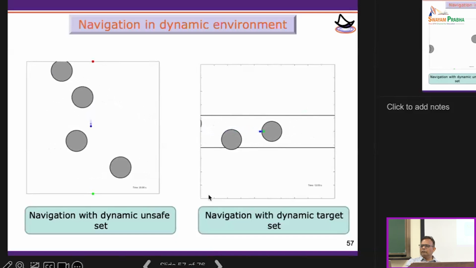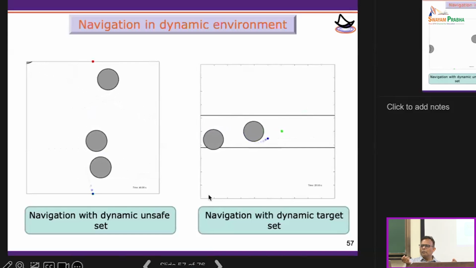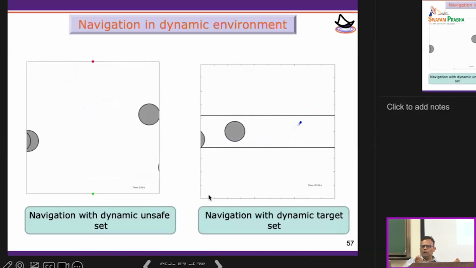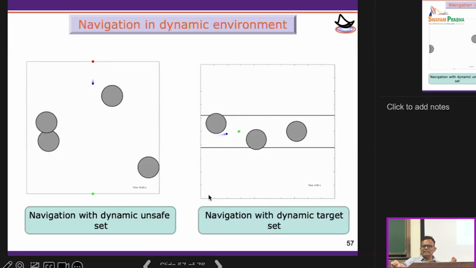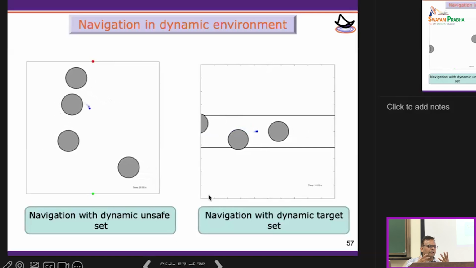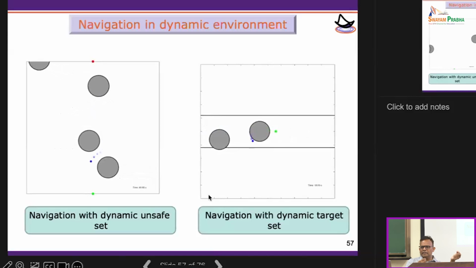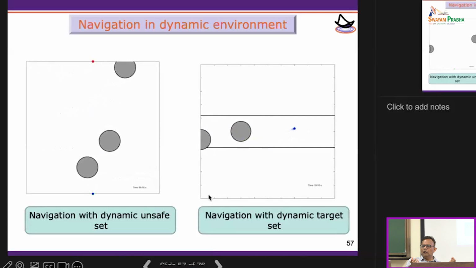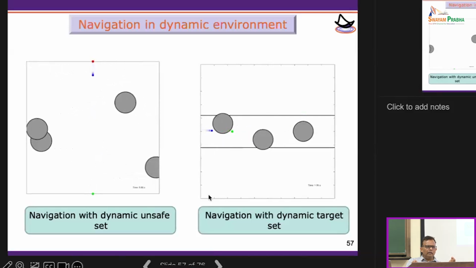So you have four vehicles at the four corners of the square, and they want to go to the diagonally opposite end. Can they do it without having global information, right? That's exactly the scenario where each robot will treat itself as the robot, the final destination will be the target, and all the other n minus one robots could be the dynamic obstacles for the particular robot.